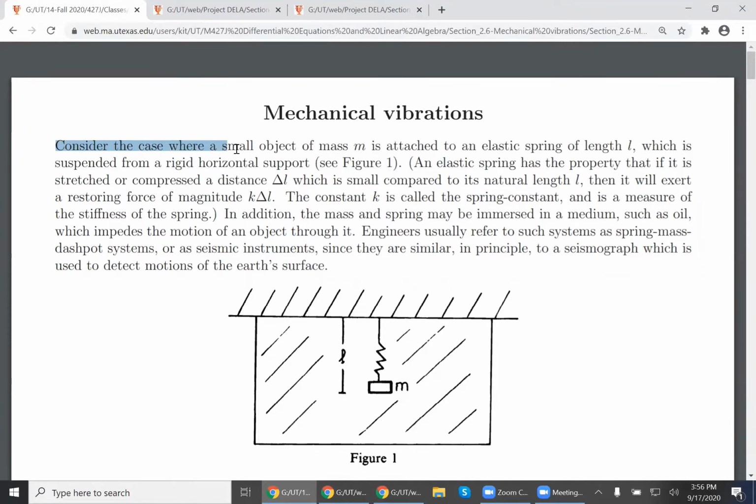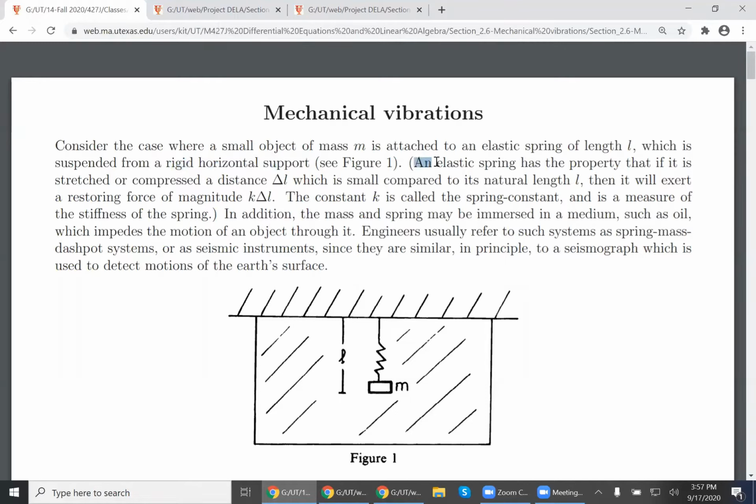Consider the case where a small object of mass m is attached to an elastic spring of length L, which is suspended from a rigid horizontal support. Here is a picture.